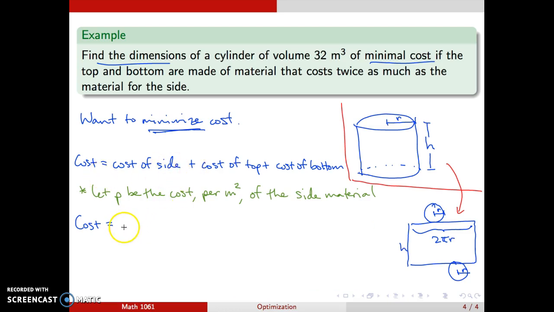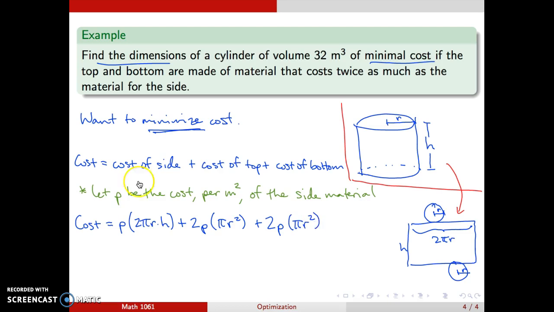So the cost of the side is going to be P, the cost per square meter of that side material, times the area, which would be 2 pi R times H, plus the cost of the top. It says the top and the bottom cost twice as much, so that's 2P times the top, which would be pi R squared, plus 2P times, again, pi R squared.